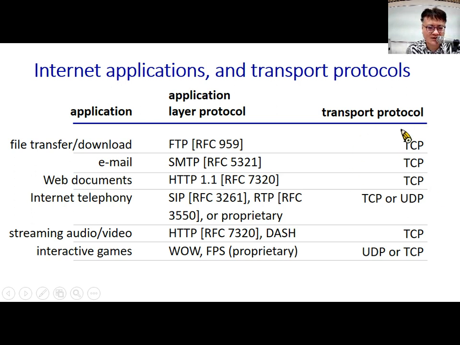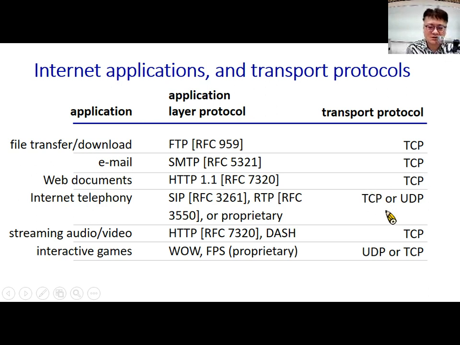At the application layer, the protocol for file transfer is FTP, right? For email we use SMTP, RFC 5321. And the web browser uses HTTP 1.1. These all use TCP at the transport layer. And for Internet telephony, if we want to guarantee the VoIP quality, we can use TCP.